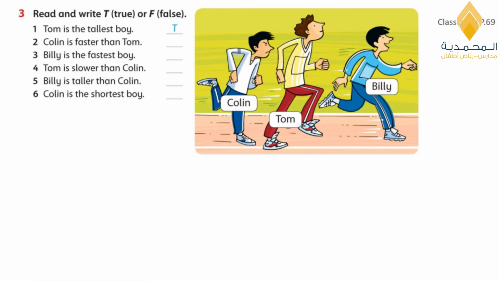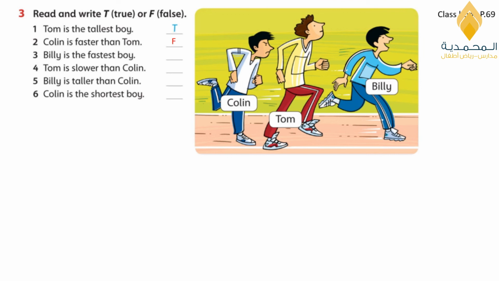And now, let's answer here some exercises in our class book, page 69. Number 3, read and write true or false, depending on the picture. We have Billy, Tom, and Colin. Number 1, Tom is the tallest boy. True. 2, Colin is faster than Tom.